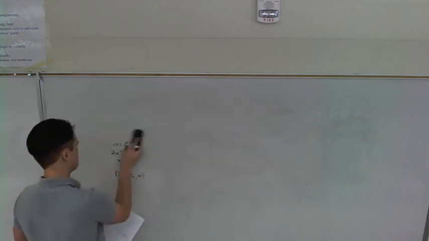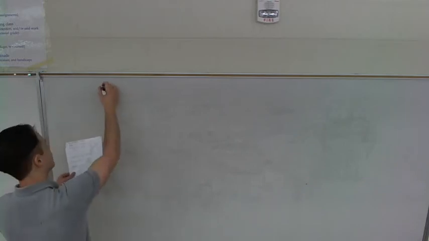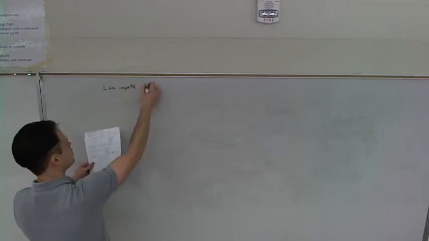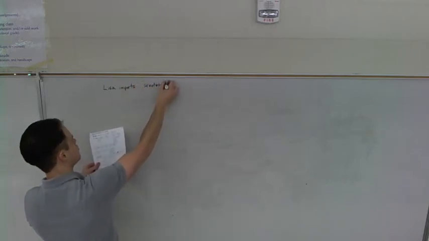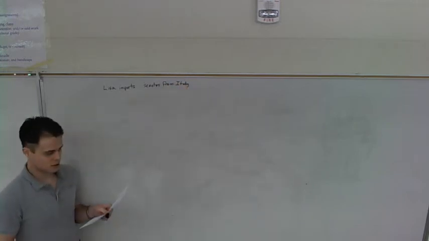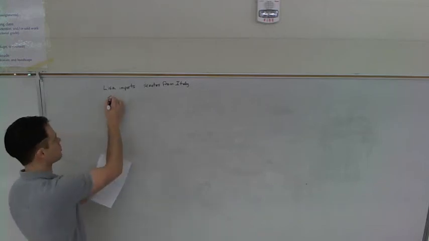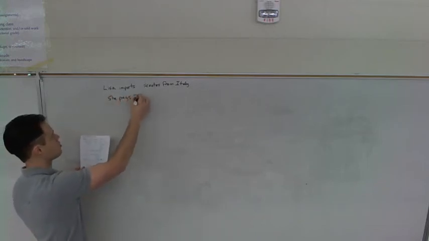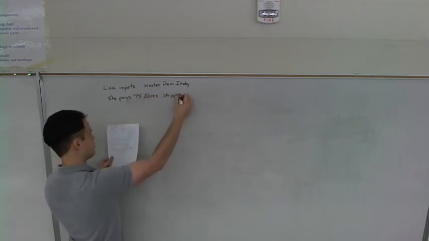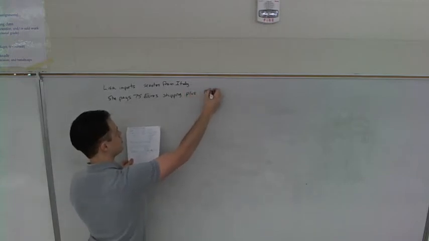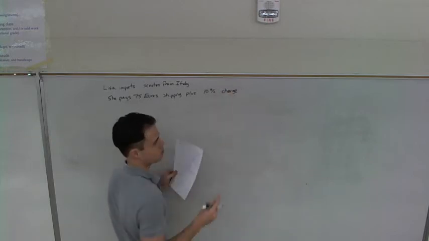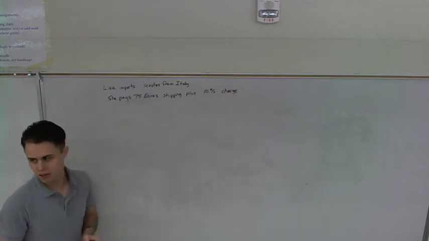Alright, let's look at one application. This says that Lisa imports scooters from Italy. Sounds like an extremely lucrative business. So she pays 75 euros for shipping plus a 10% charge, like shipping and handling.